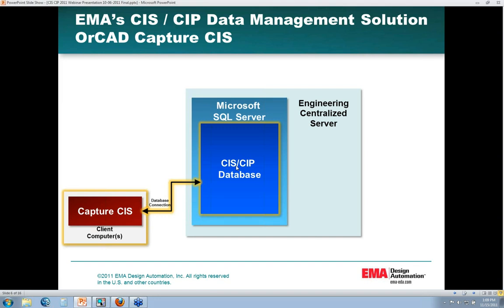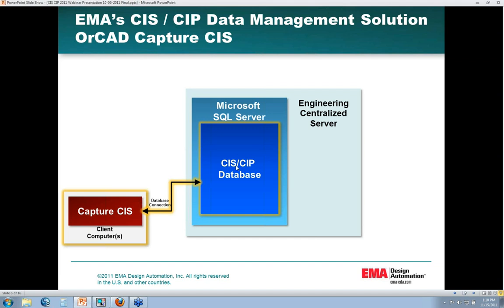This can include relational data, multiple manufacturers, symbol views, footprint views, and datasheet views. It also comes with the Part Manager, an essential part of CIS, where we can do part verification between the schematic and the database information.